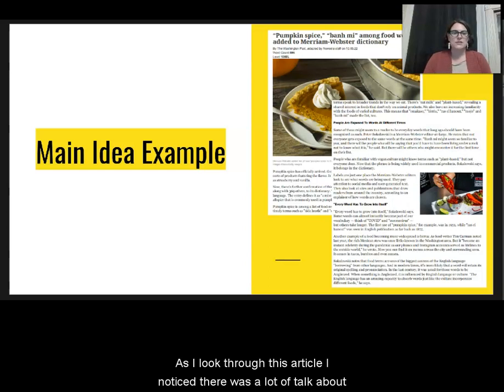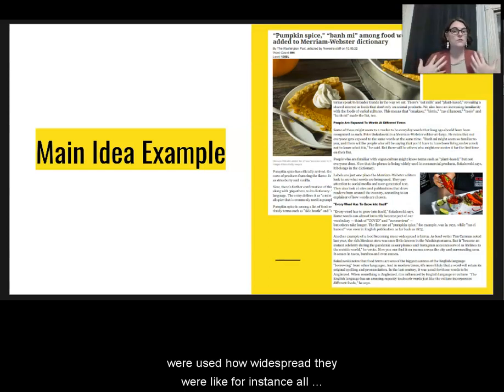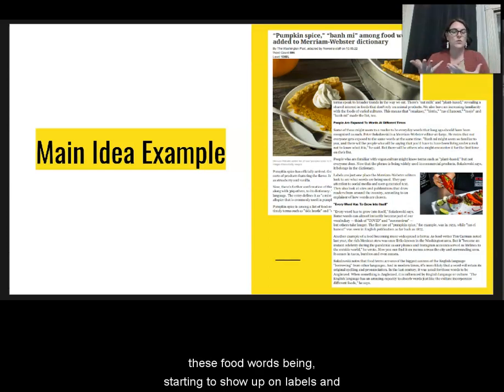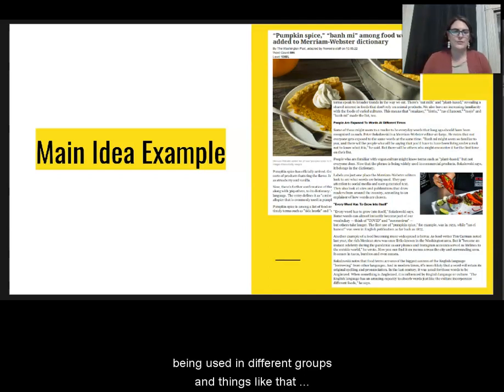And as I looked through this article, I noticed there was a lot of talk about words being common or uncommon, how much they were used, how widespread they were. For instance, all these food words starting to show up on food labels and being used in different groups. But it wasn't all about food.